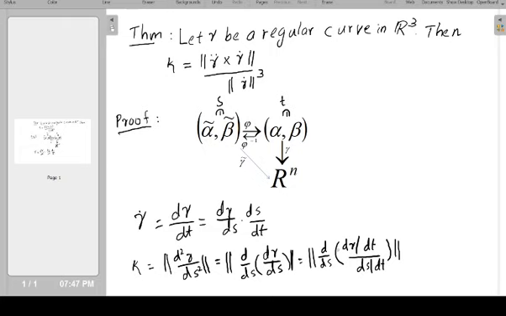This is again chain rule. d gamma by ds equals d gamma by dt into dt by ds. So dt by ds is written as one divided by ds by dt. So this is again one more chain rule.